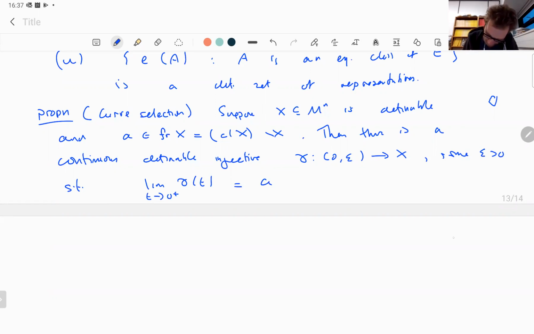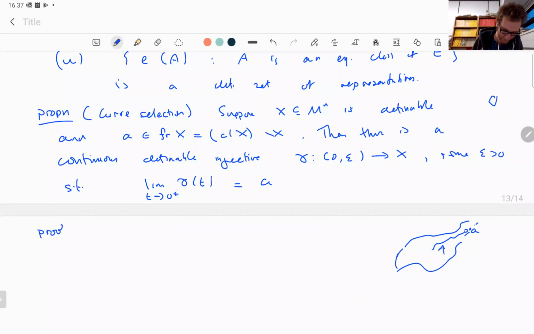So you've got, I don't know, some surface, say, and you've got a point in the frontier, and this gives you a little curve that goes up to that point. So this is the image of gamma here.